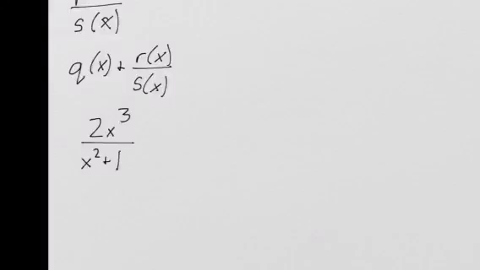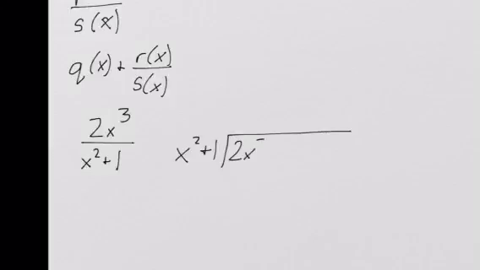So I do long division on this. So x squared plus 1 divided into 2x cubed. And then I'm going to put the other terms in here, plus 0x squared plus 0x plus 0.